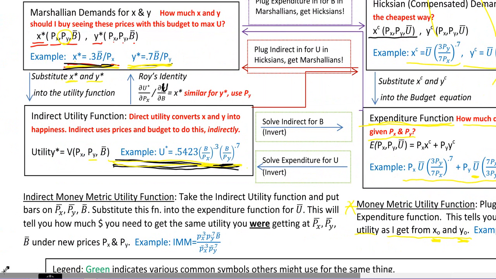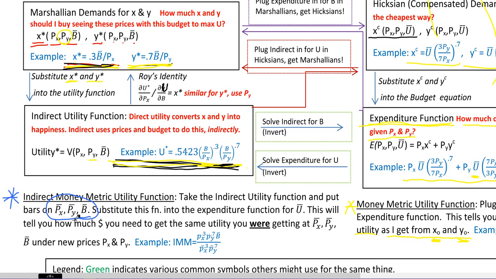One last fairly interesting, but a little bit less common thing that you can do with these. It's called the indirect money metric utility function. An indirect money metric utility function is useful when you're comparing 2 situations, say when a price changes. So what this does is it allows you to put in some old prices and budget.